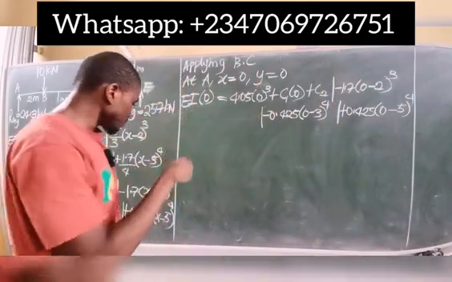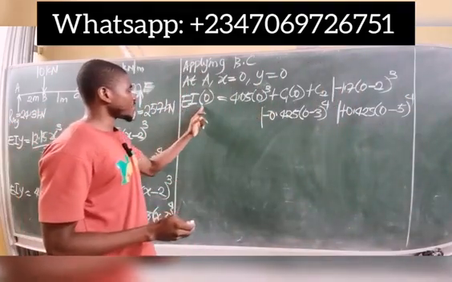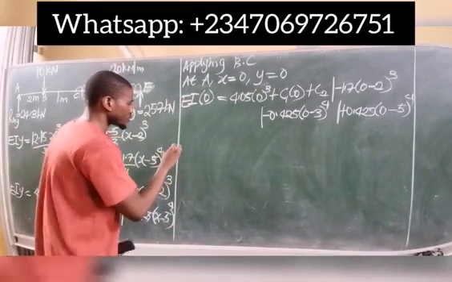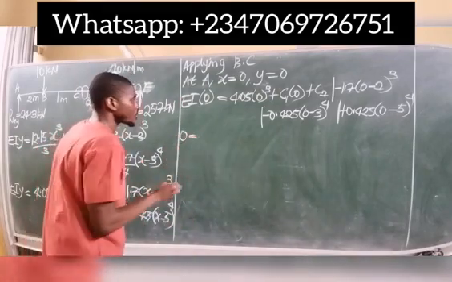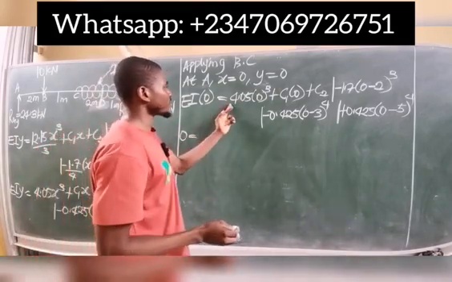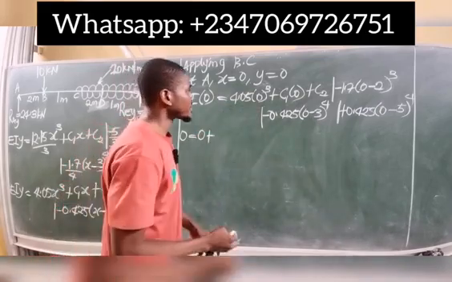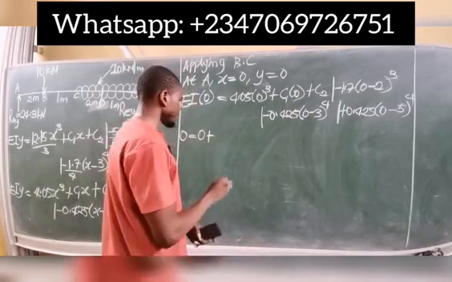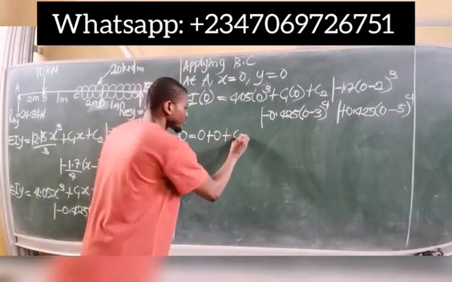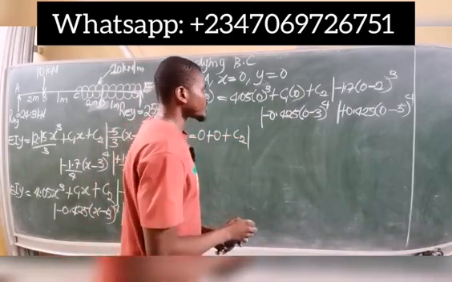All right, so from here, anything multiplied by 0, everything here becomes 0. That simply gives us 0 is equal to 4.05 multiplied by 0, which is 0, plus C1 times 0, which gives us 0, plus C2. Put down your Macaulay's bracket.